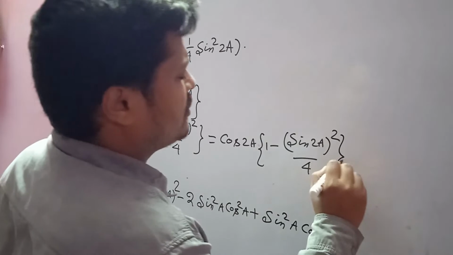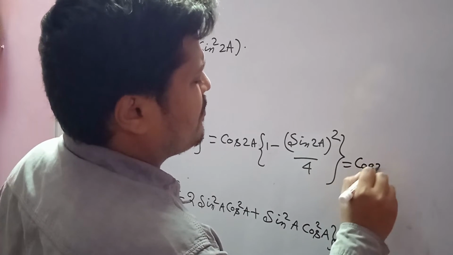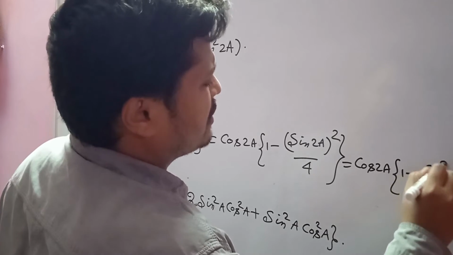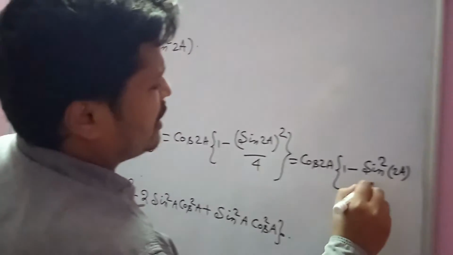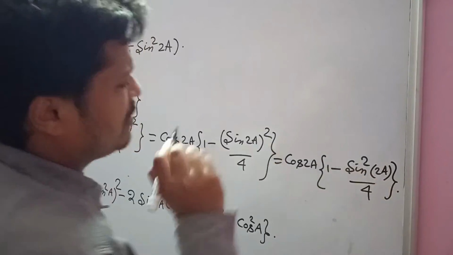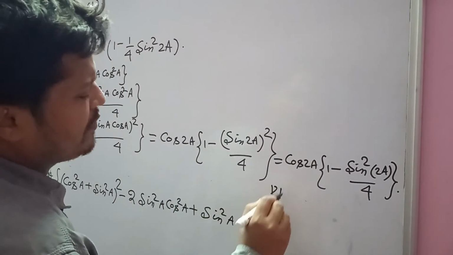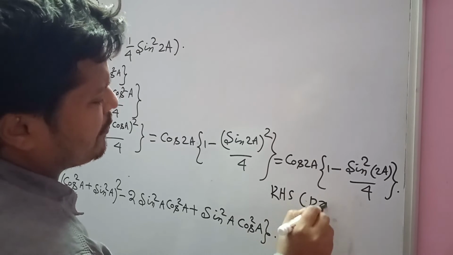So that becomes cos 2a into (1 minus sin^2 2a divided by 4), which is RHS. Proved.